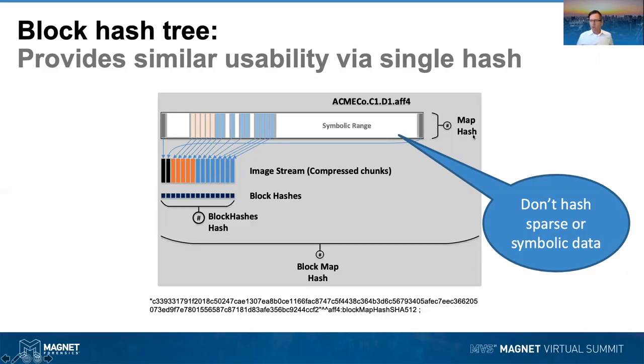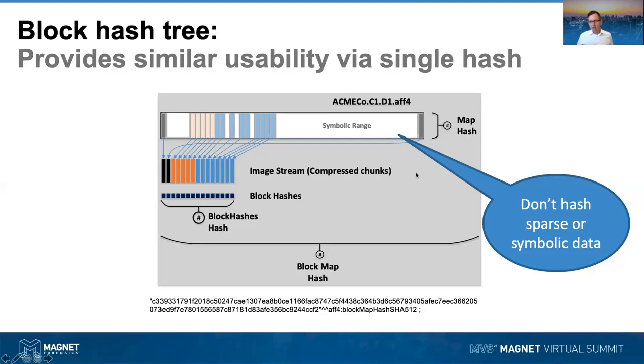What we do is we take a hash of the map, and now that we've got the map being protected by a hash and the block hashes being protected, we've got the integrity of the image being protected. Finally, so we can actually still have the usability of our traditional hashing, we then take both of those hashes and we take the hash of those, and we call that a block map hash.